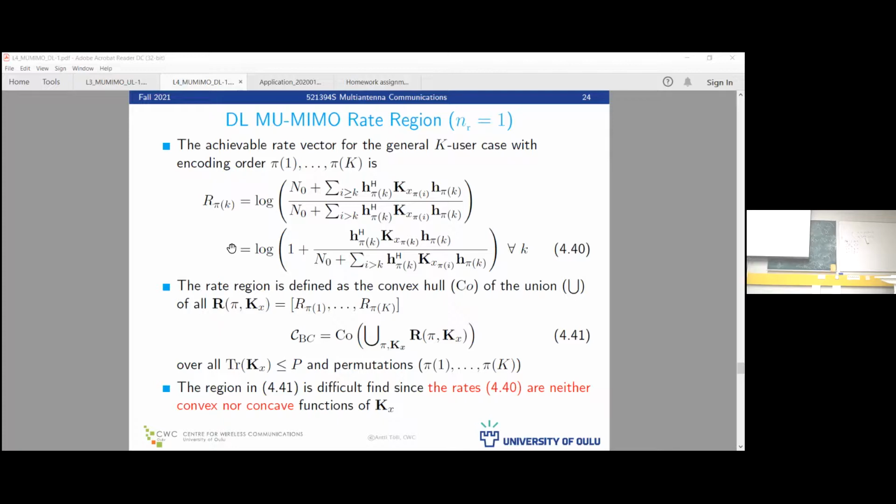So the broadcast region is the convex hull over all possible permutations and feasible power allocations, collecting those rate vectors for users. So the region is difficult, neither convex nor concave, and you have all these combinations. So we cannot solve this in downlink directly.